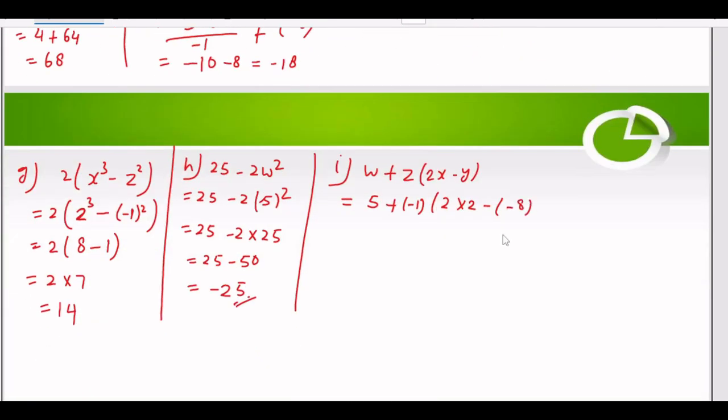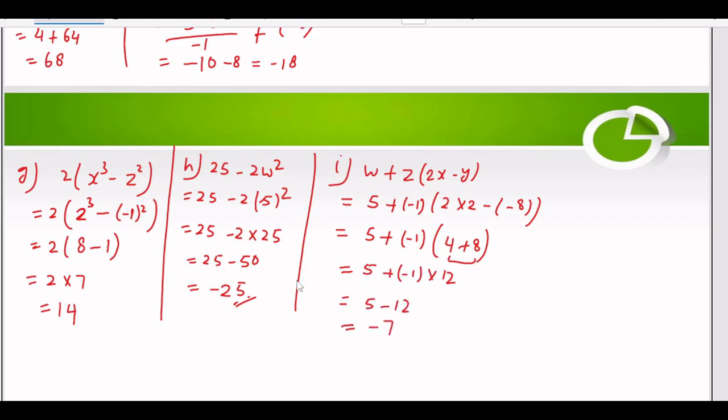So a lot of signs and numbers are coming, be careful. This is 5 plus, this is negative 1 remains as it is, inside the bracket we have 4 minus minus 8. Deal with all the numbers and letters one by one, then it will be easier. Times 8 plus 4, it is 12. So now by BODMAS we need to do multiplication first. This is negative 7, right?